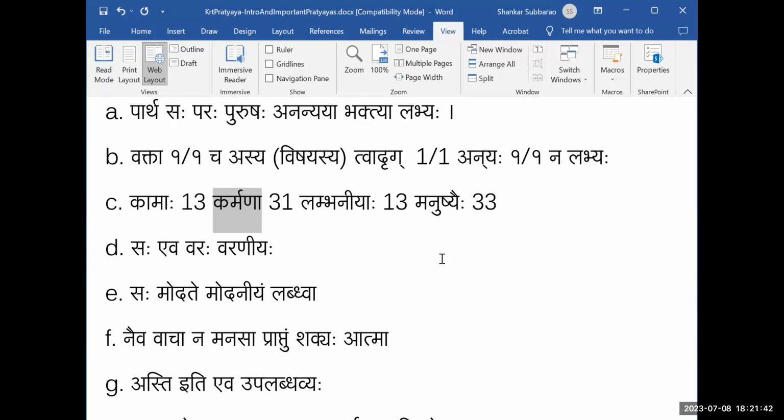Correct. Now, kama can mean desire. Kama can also mean that which is desired. This is how you learn kridanta. Kamyate iti kamaha means an object of desire. Kamyate. When I say kamyate iti kamaha, are you able to follow me? Kamyate is what form?